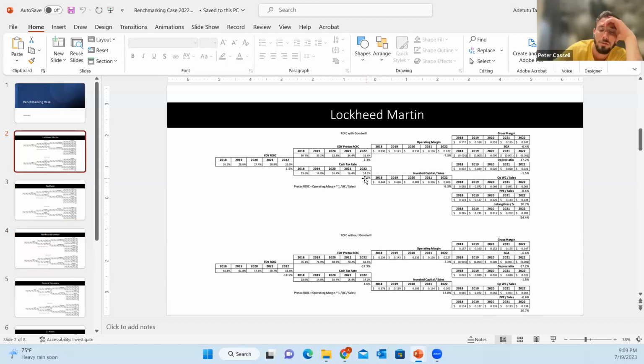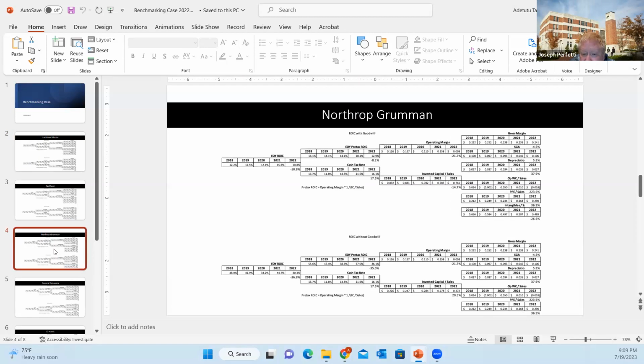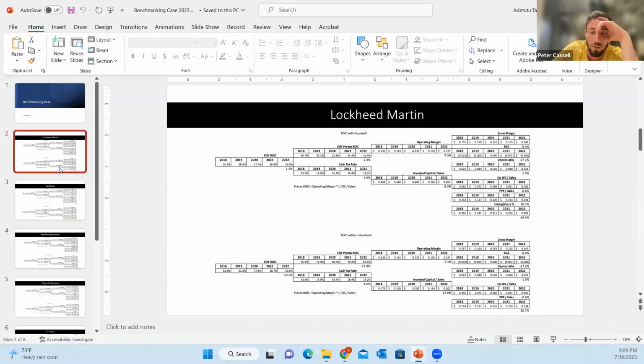The operating margin is far less of a decrease at Lockheed Martin than it is at Northrop. I know it's less of a decrease, but it's still around 10 cents in 2022. What is it in Lockheed Martin? It was like 13. So Lockheed Martin makes more per dollar of sales.